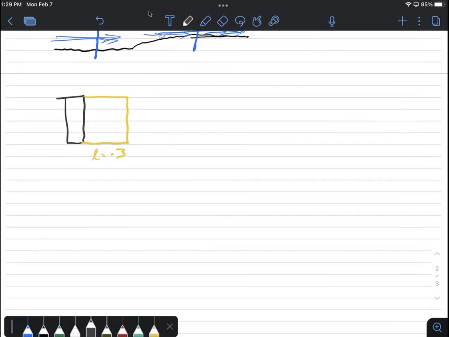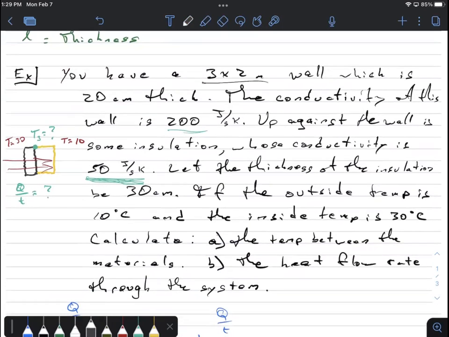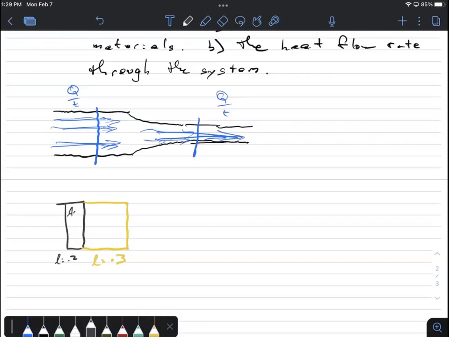The thickness of this guy was 20 centimeters, 0.2. I'm told that the area of the wall is 3 by 2, which is 3 times 2 is 6. So this is an area of 6. And I'm just going to assume the insulation is the same size as the wall. So the insulation has the same area of 6.